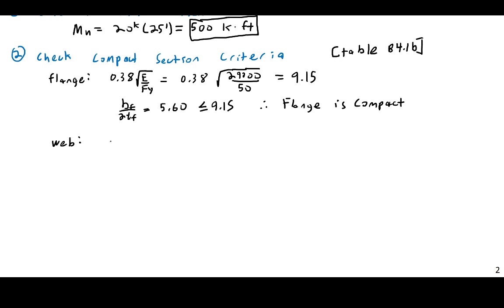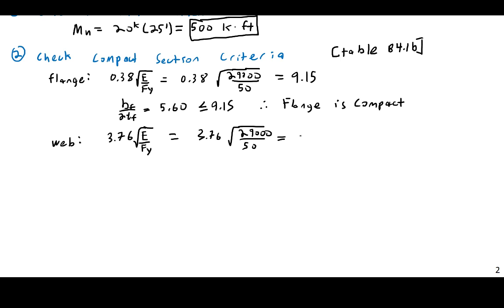Well, let's see. I need to compare the ratio I had previously, my web ratio, to 3.76 times the square root of E over Fy. And of course, this is 3.76 times the square root of 29,000 over 50, and this comes to 90.6.